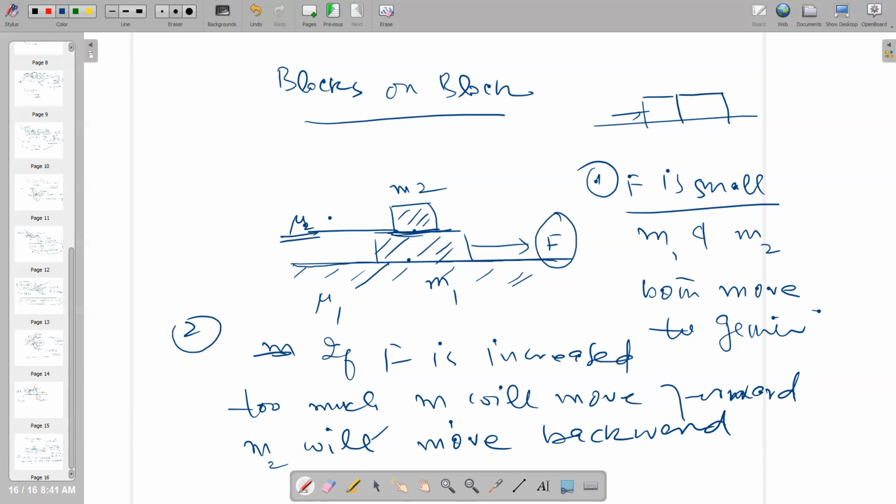So that's why M1 will move in this way and this will move in this way. Understand? So remember this one. This is very important.